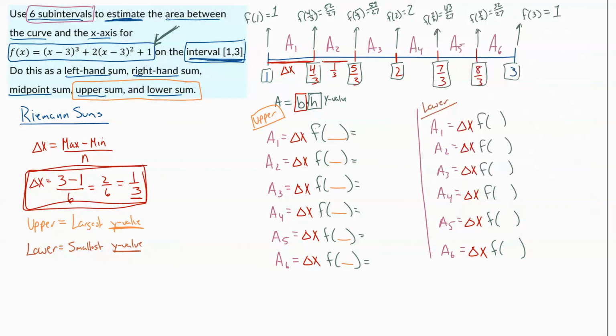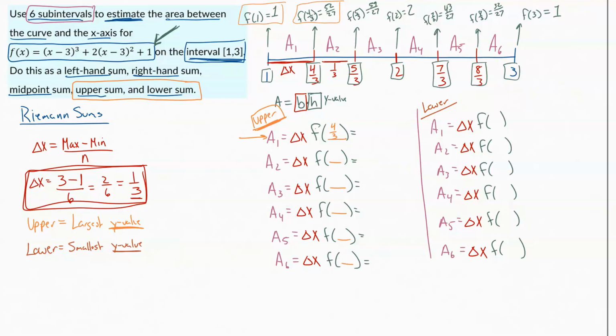So we are going to come through first, and we are going to fill out our upper sum. So looking at A1 right now, you've got two options. You've got 1 or you've got 52 over 27. You want to choose the larger one. 52 over 27 is the larger, so we're plugging in 4/3.